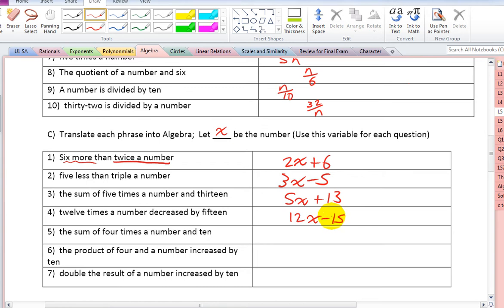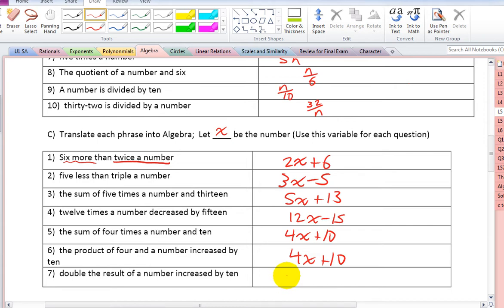Good. Number 5, Ethan. 4x plus 10. Good. Number 6, Sean. 4x plus 10. Good. Number 7, Blake. 2x plus 10.